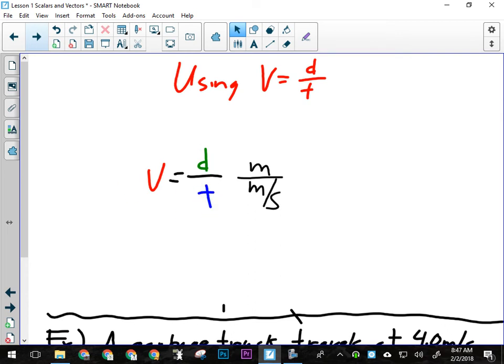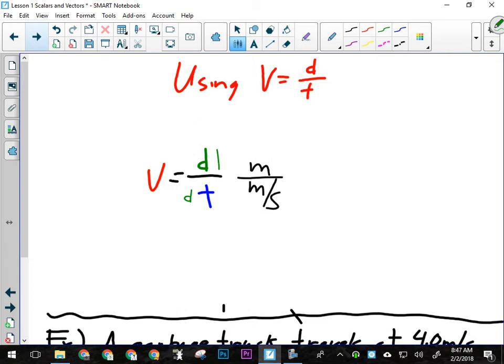Okay, what if I want to solve for T? Right now I've got D divided by T. If I just move D over to this side, will T be on the top or the bottom? It'll still be on the bottom. The reason being is if I divide both sides by D, D divided by D is 1.